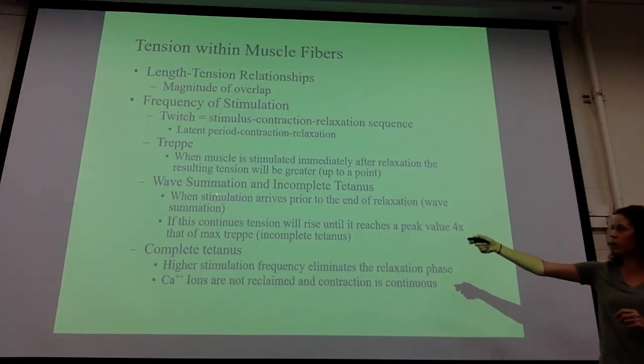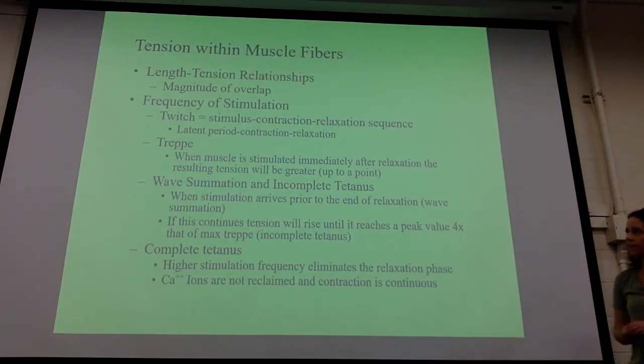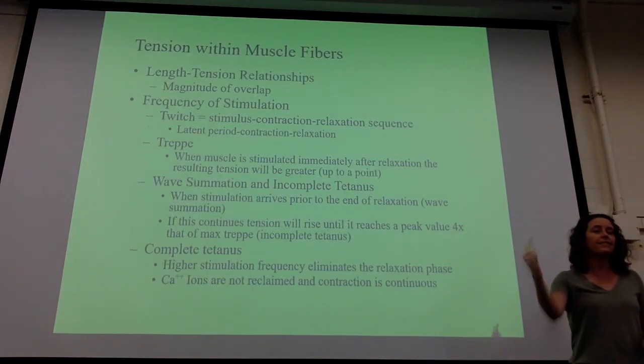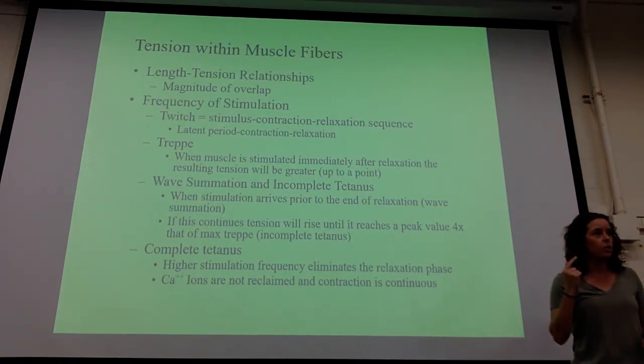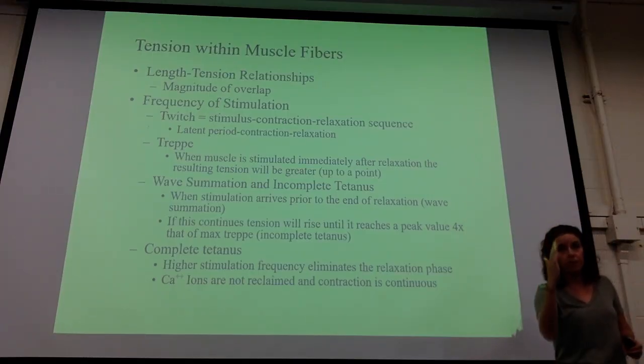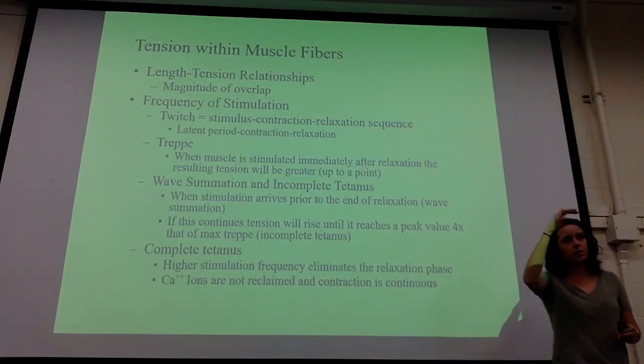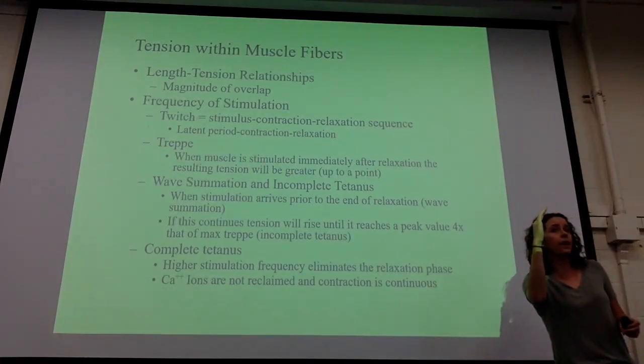Then we move to what's called wave summation and incomplete tetanus. Here, we're receiving the next action potential before the muscle has relaxed all the way. So instead of completing that relaxation phase, the muscle only starts to relax.